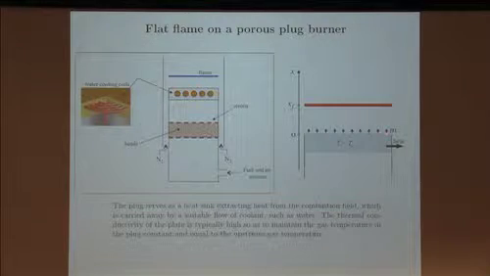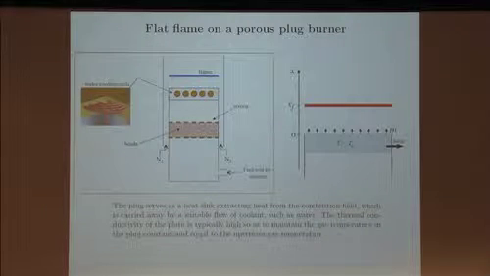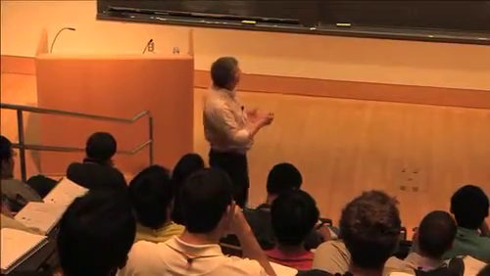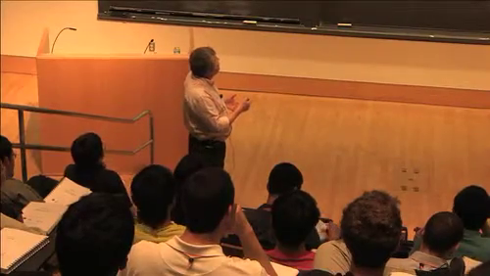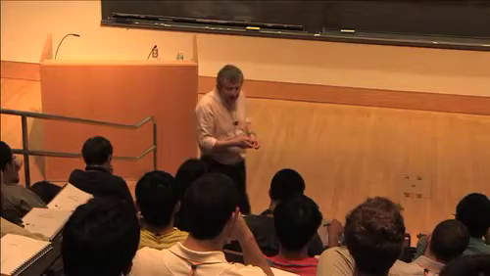It comes out as a uniform flow, so you'll have a one-dimensional flow. And a flat flame could be sustained, I say could be, we'll see how and when, on top of the burner. And what we are interested in, given m, is to find where the flame is located, right?